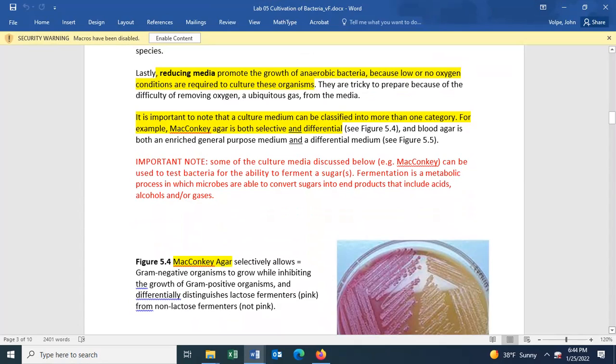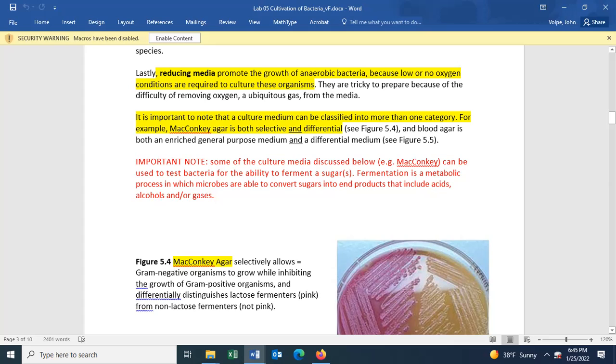They are tricky to grow though, because you can't expose the cells to oxygen at any time. So for example, when you're moving from one culture to the next with a loop, you're exposing them to the air.